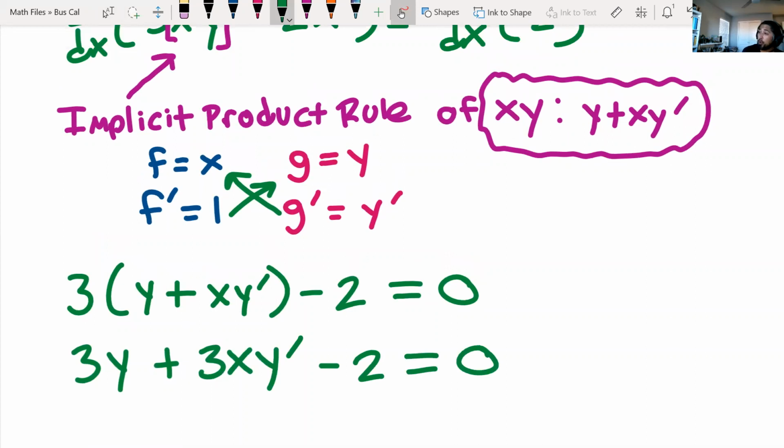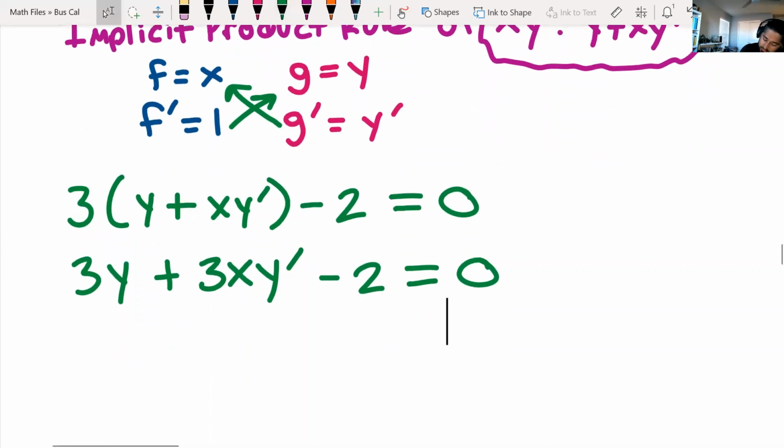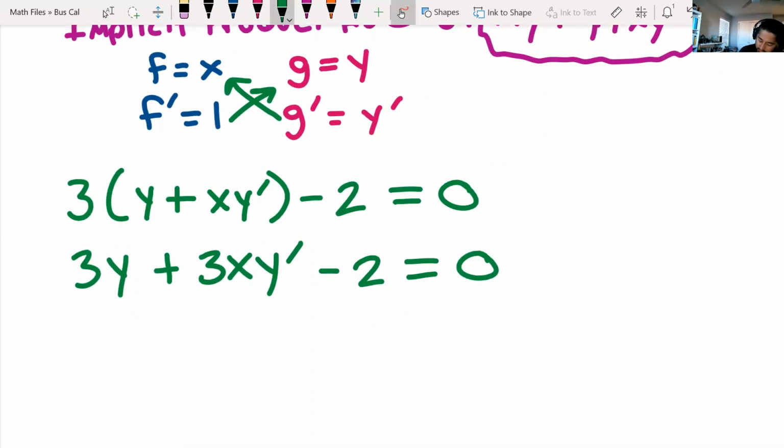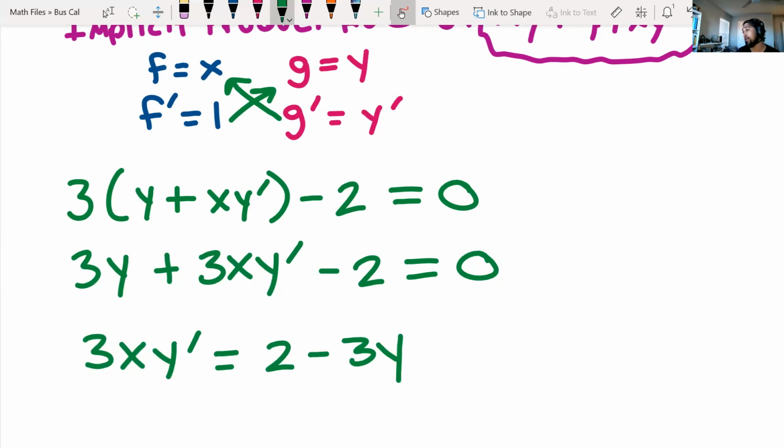Now to solve for y prime, move everything over that doesn't have a y prime. So that means I'd be left with 3xy prime equal to 2 minus 3y. Or if you wrote it as negative 3y plus 2, that's fine as well. And then to solve for y prime, what would I divide by?